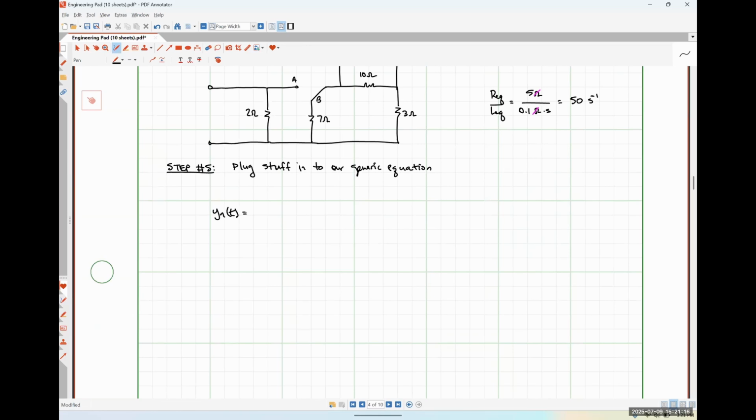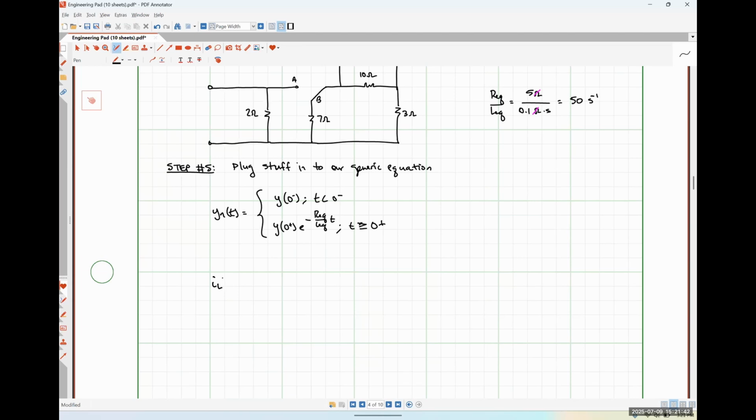So our natural response, y sub n of t, is y at 0 minus for t less than 0 minus, and then y at 0 plus, e to the negative REQ over LEQ times time for t greater than or equal to 0 plus.